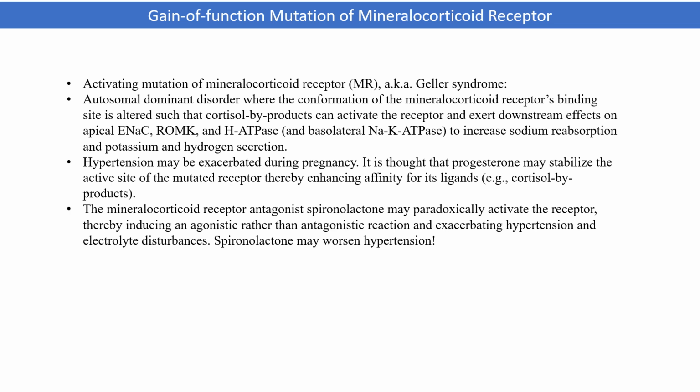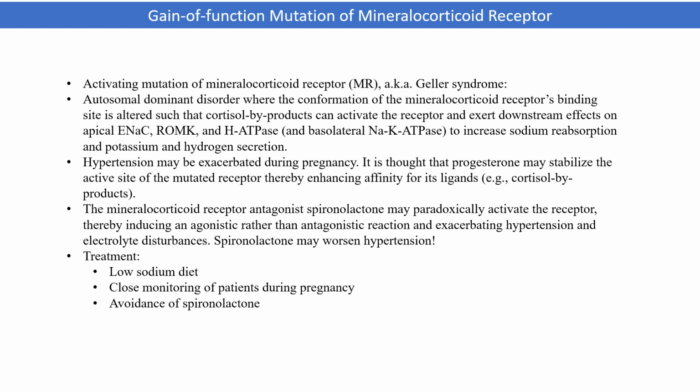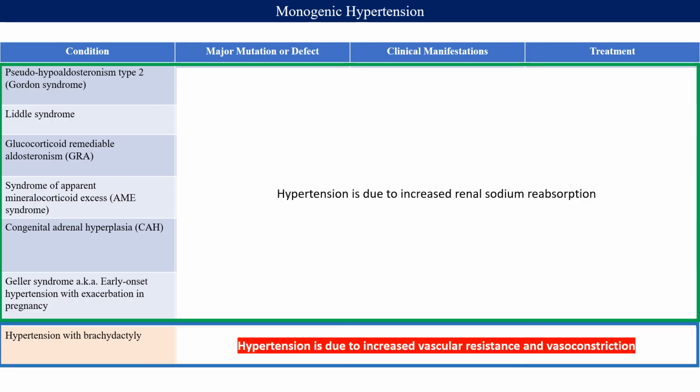Spironolactone may therefore worsen hypertension. Treatment of this condition includes low sodium diet and close monitoring of patients during pregnancy. It is prudent to avoid the use of spironolactone. Let's now shift our discussion to monogenic hypertension due to increased vascular resistance and vasoconstriction.